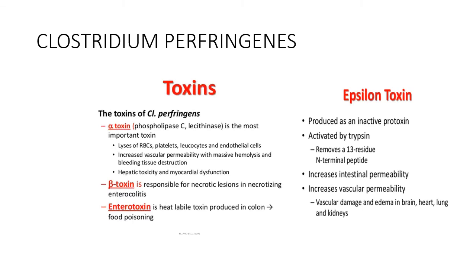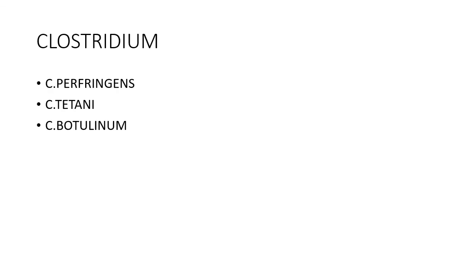These are the toxins of Clostridium perfringens: alpha toxin, beta toxin, endotoxin and epsilon toxin. This produces a lecithinase, phospholipase effect, which can produce lysis of the RBC and increased vascular permeability. So remember, these are the three Clostridium species that can produce very drastic effects: Clostridium perfringens, Clostridium tetani and Clostridium botulinum.